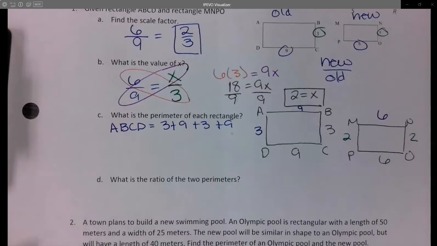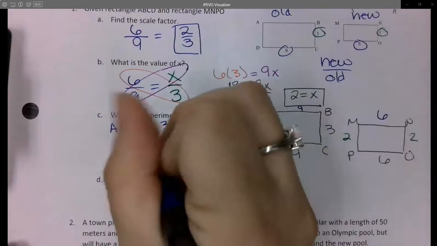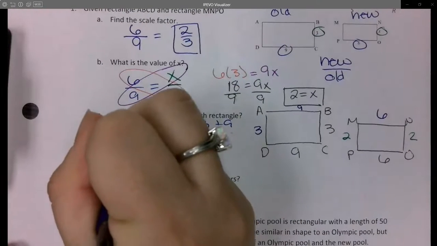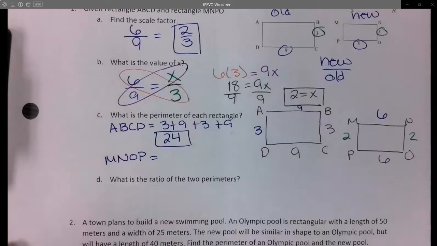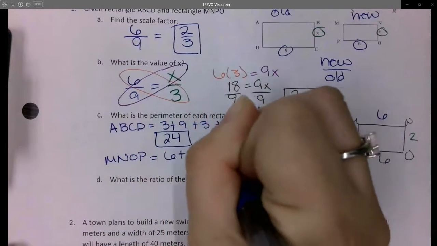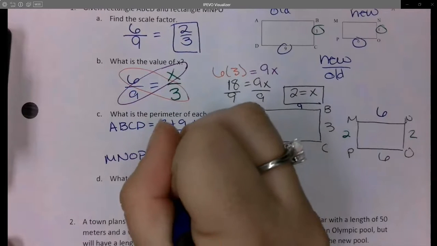So what do I get when I add those 4 numbers together? 24. And then I want to do MNOP. So I have 6 plus 2 plus 6 plus 2. 16.